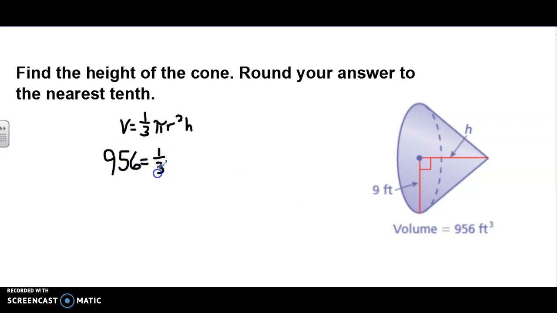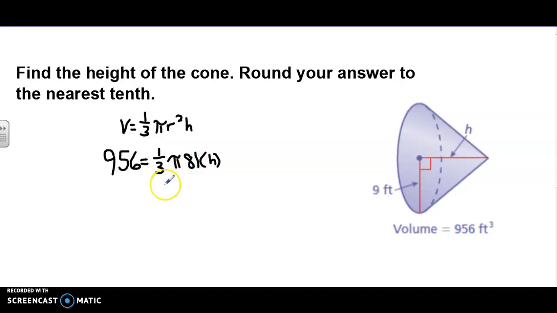One-third is always given there. Pi is a standard. Our radius is 9, so 9 squared would be 81. Let's put 81 here, save us some time. And h, well, I don't know anything about h yet. I have two options here at this step. I can multiply both sides by 3 to get rid of this 1/3, or I can multiply 81 by 1/3 if that winds up being a nice number, which it does.